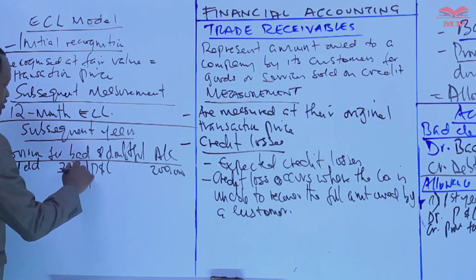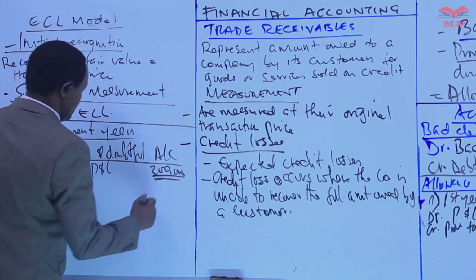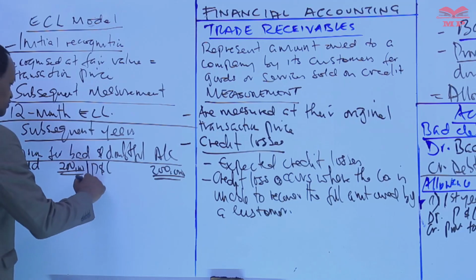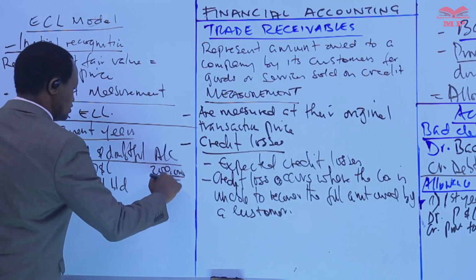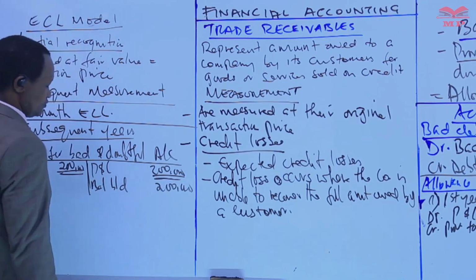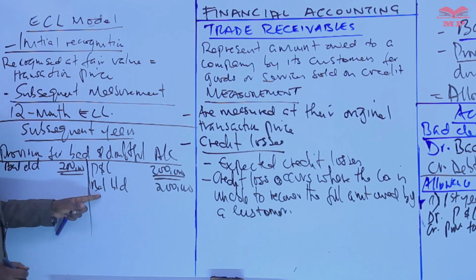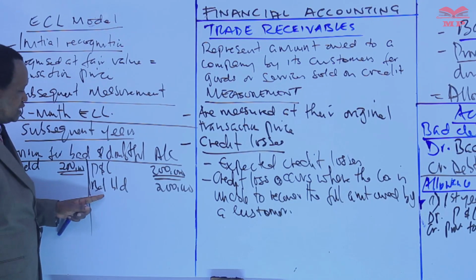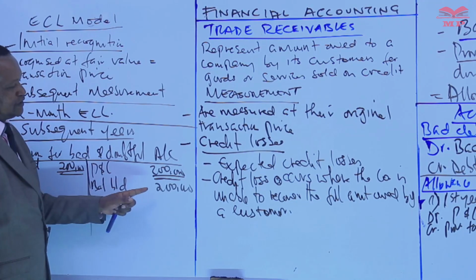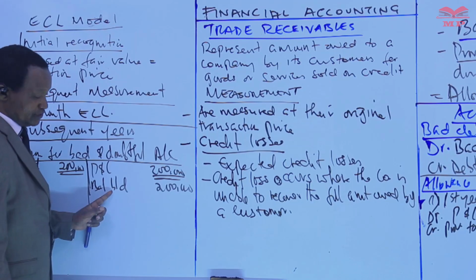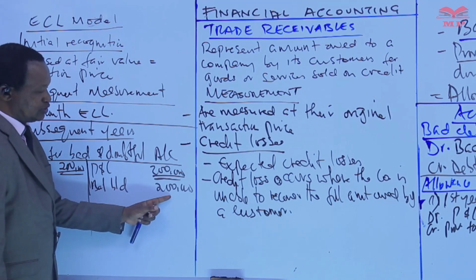So we close it. In year two, subsequent year, we have balance brought down of 200,000. So already this account has a balance from last year. This is balance at the beginning. Brought down is a beginning, 200,000.